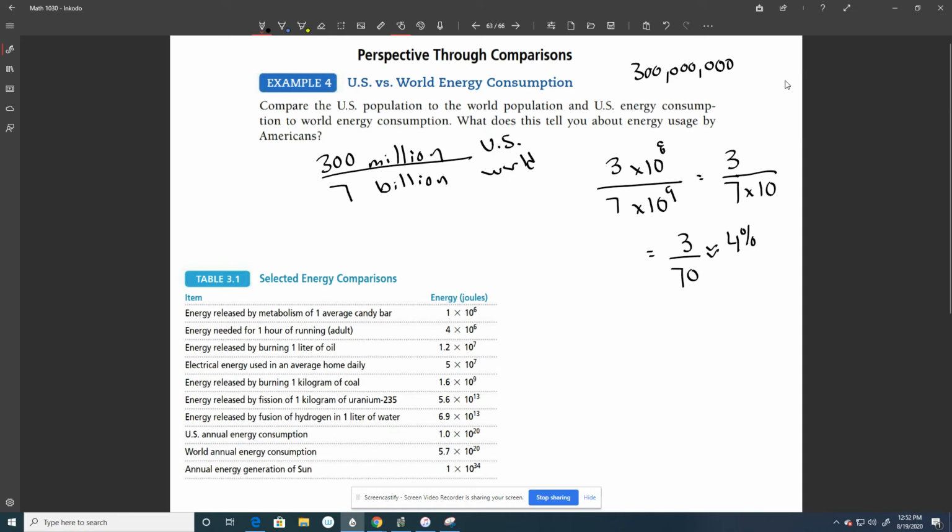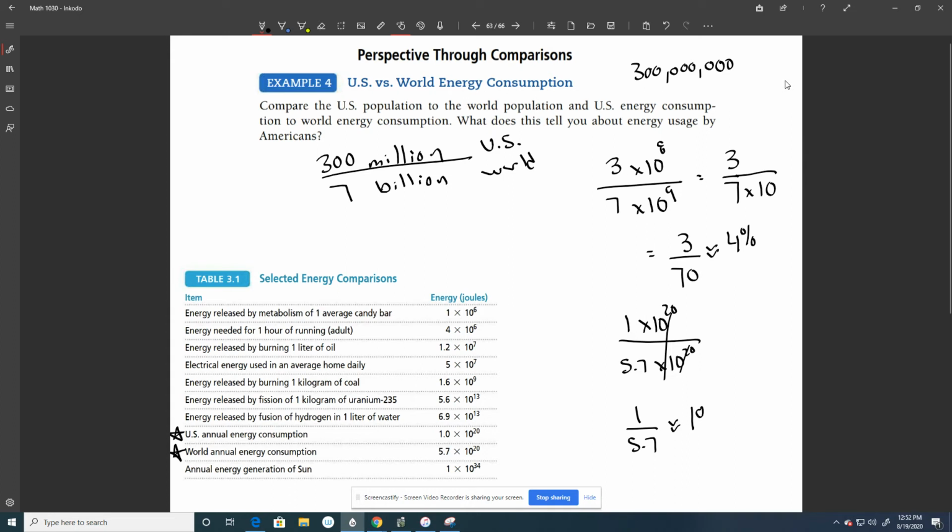But if I compare the energy that we use, if you go down on this diagram, US energy is here, world energy is here. The US uses 1 times 10 to the 20th power joules in a year, and the world uses 5.7 times 10 to the 20th. Now when I simplify, I get 1 over 5.7, which approximately 1 over 5 is 20%.